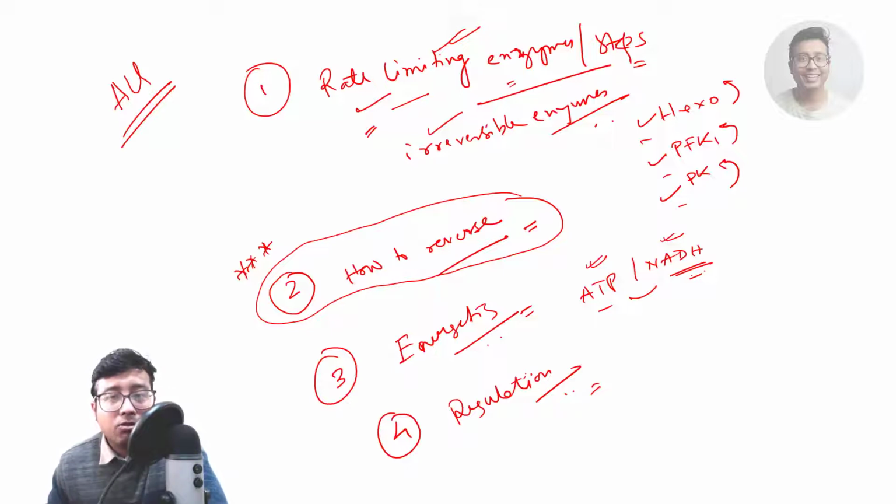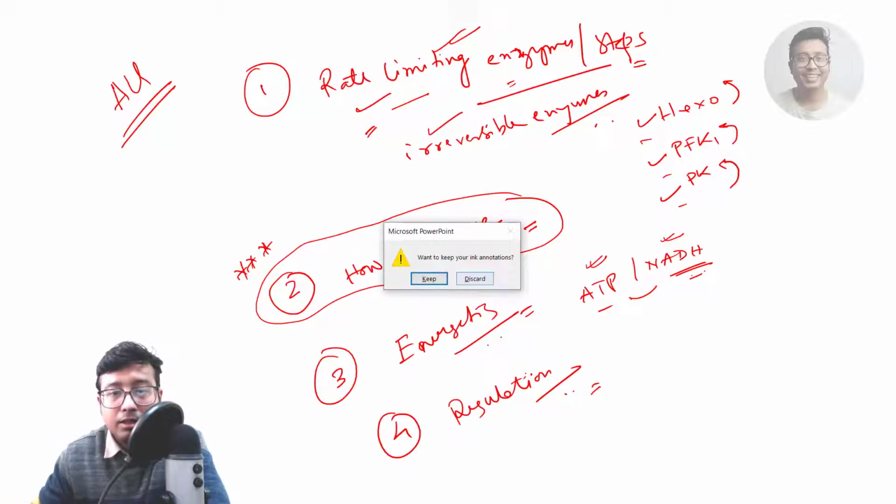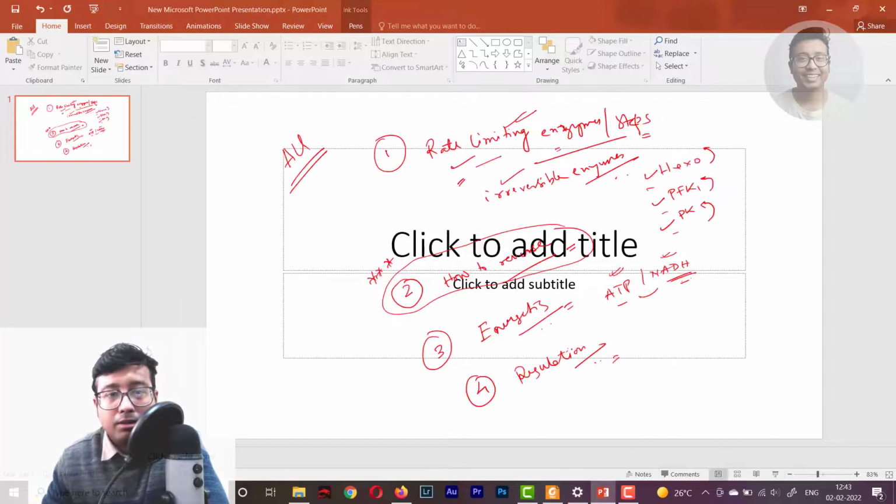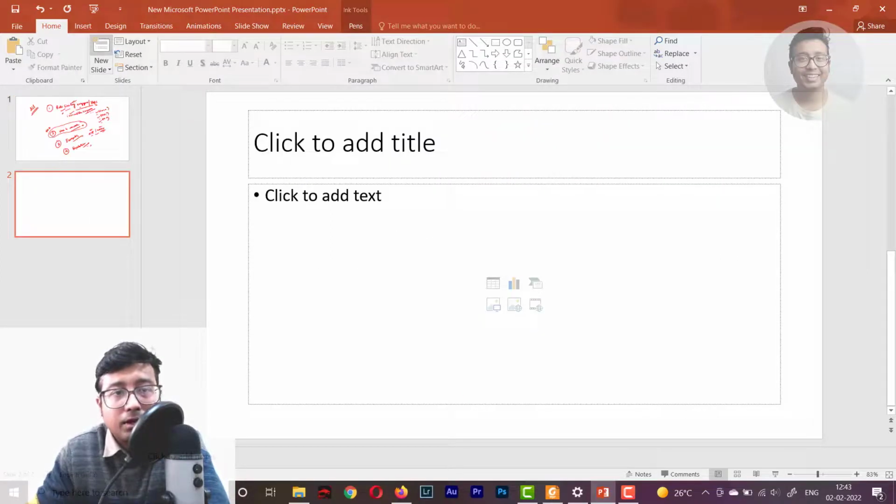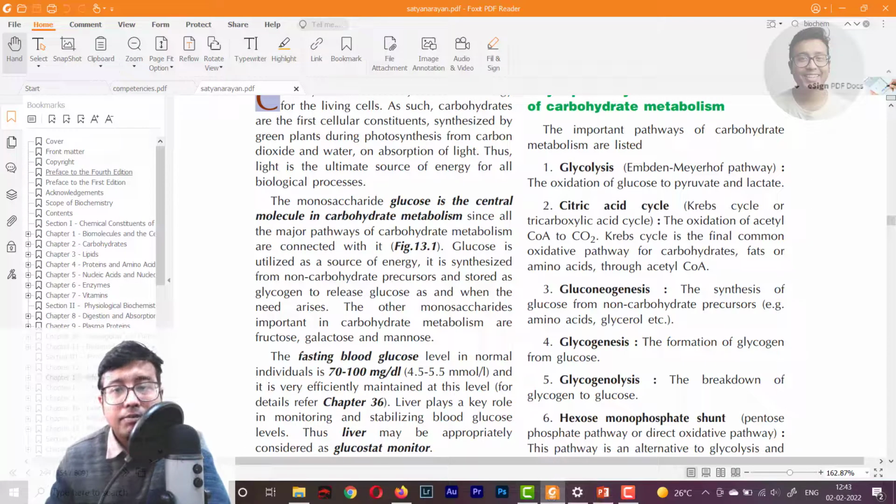In regulation also, you need to give it under a few headings which we'll be discussing very soon. Just before the start, I am overwhelming you with so much information, but as you follow along, you will see the pattern is actually really easy to understand, right?